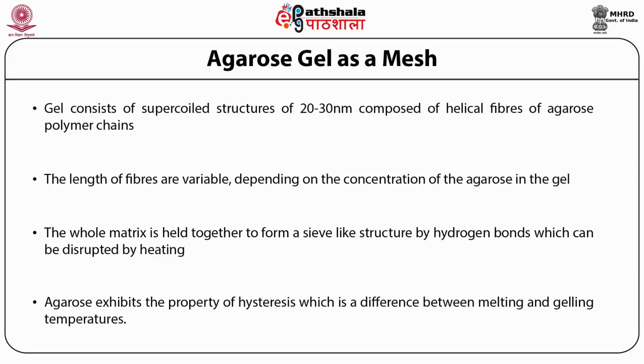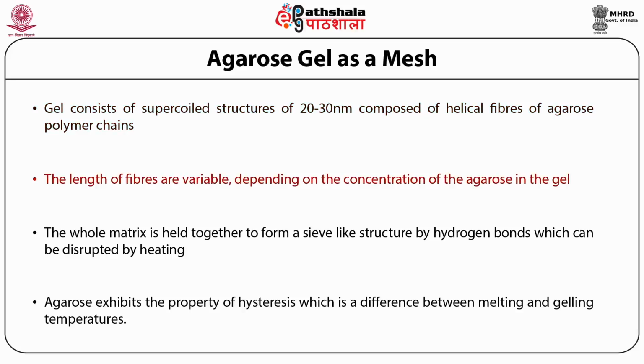Agarose gel as a mesh. The three-dimensional lattice of agarose consists of supercoiled structures with a radius of 20 to 30 nanometer, composed of helical fibers of agarose polymer chains. The 3D arrangement is what determines the sieving nature of the matrix.